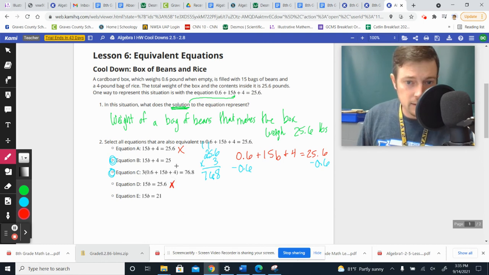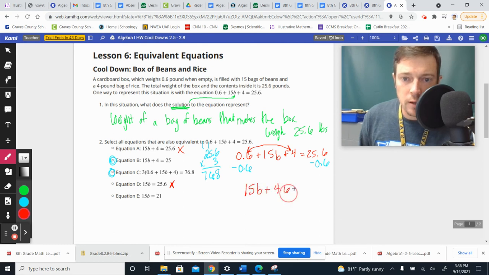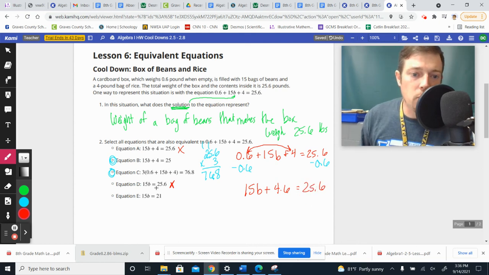And then lastly, as you can see here, I'm going to work this one out. If you take 0.6 and combine it with its like term of 4, you really have 15b plus 4.6 equals 25.6. So you combine those like terms. And what equation E has done is they've come along and said, you know what, let's simplify this. Let's take away the 4.6 from this side.